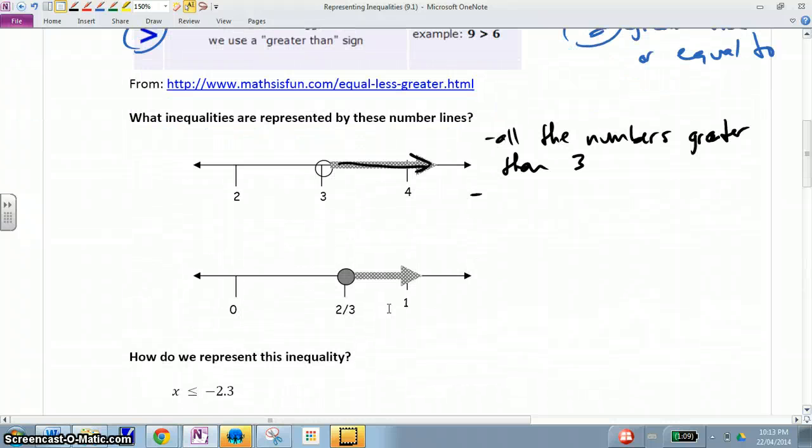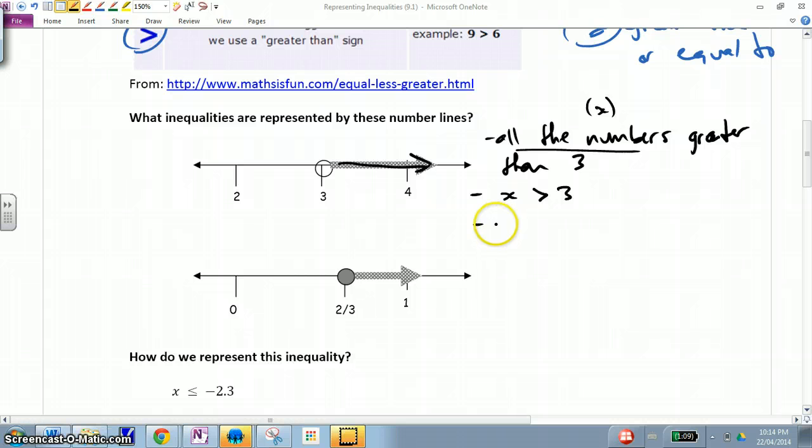Secondly, we can argue that we could call this x, right? All the numbers we could call x. We could say that x is greater than 3. We could write it like that. We could also say that 3 is less than x, right?